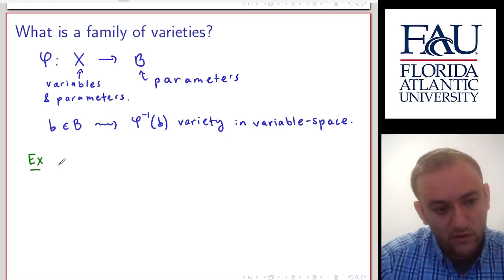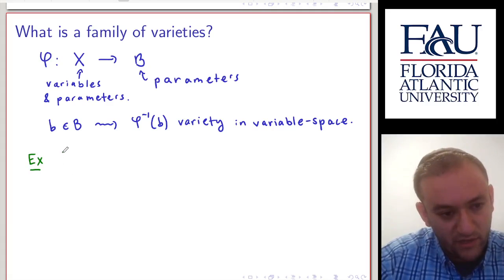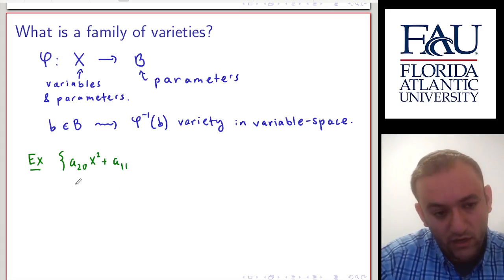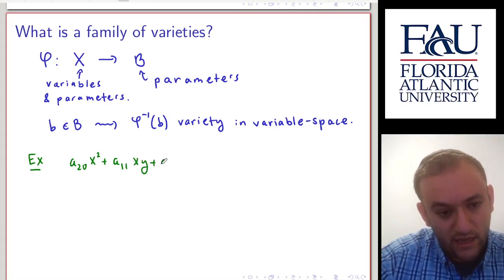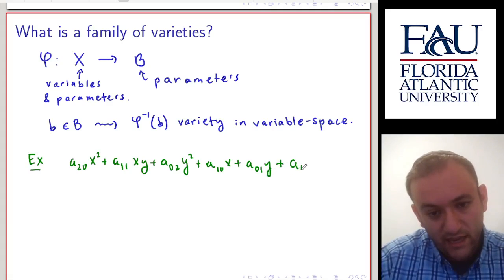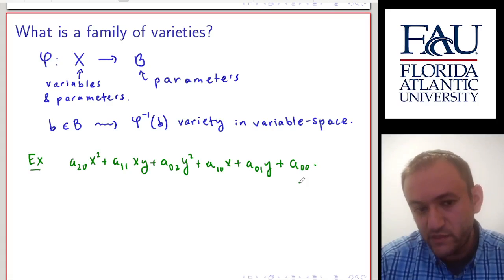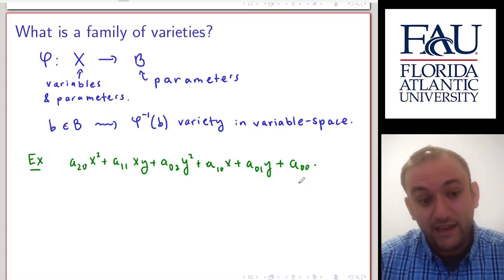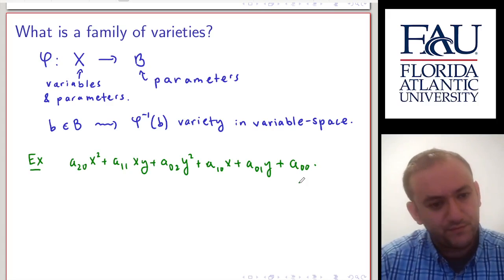So let's say the defining equation I'm interested in is a20 x squared plus a11 xy plus a02 y squared plus a10 x plus a01 y plus a00. Okay, so say I'm interested in varieties defined by equations of this type.